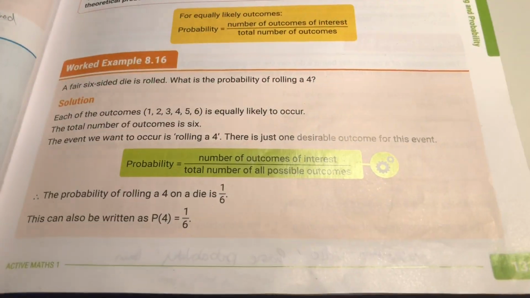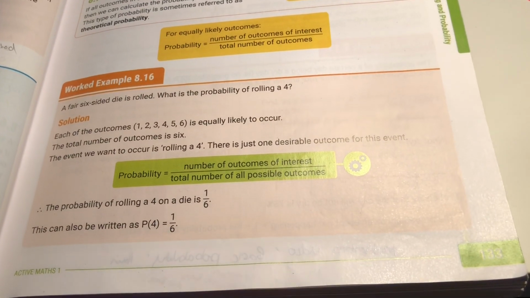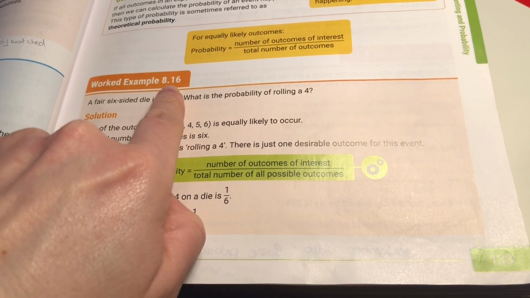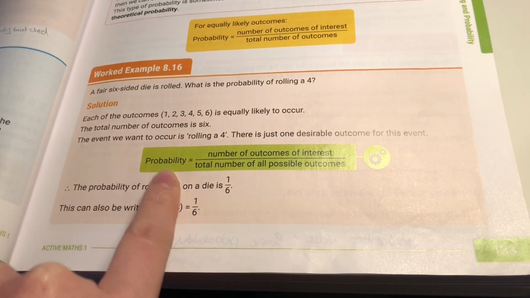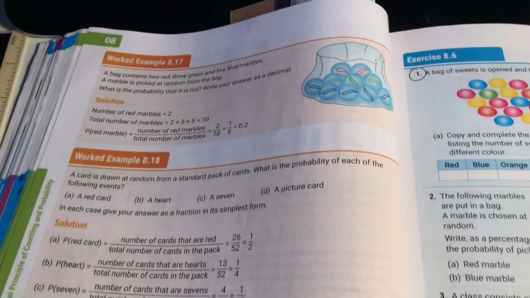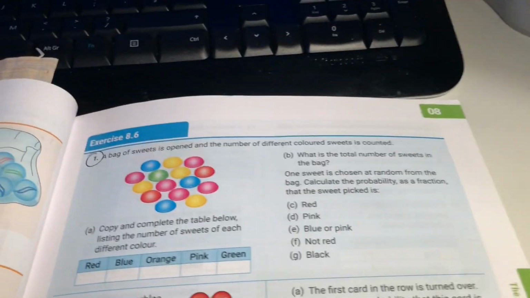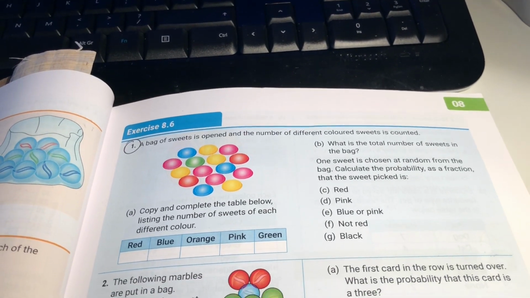For your homework, I would like you to study the worked examples that are on page 133, 8.16. I'd like you to read it, check that you understand, and the following page, 134. Once you finish reading those examples, then you have an exercise to do, and there are 3 questions that I want you to do tonight.